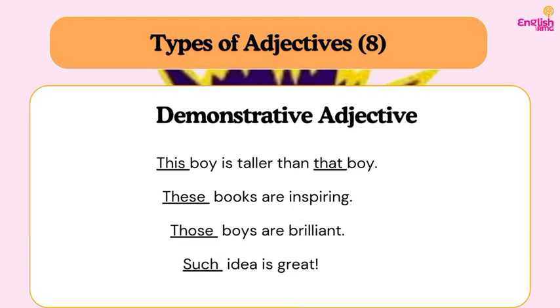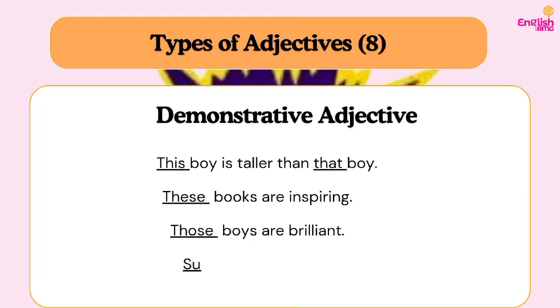It's also pointing out the noun that I'm talking about or that I'm referring to in the sentence. So we could also have, such idea is great. So such is also a form of a demonstrative adjective, pointing out what is being talked about in the sentence. Do you understand?